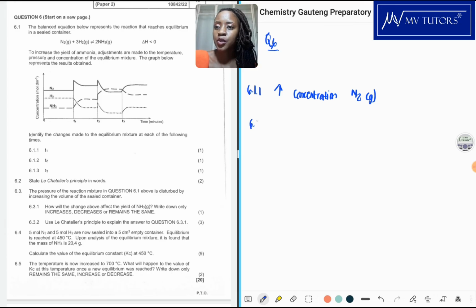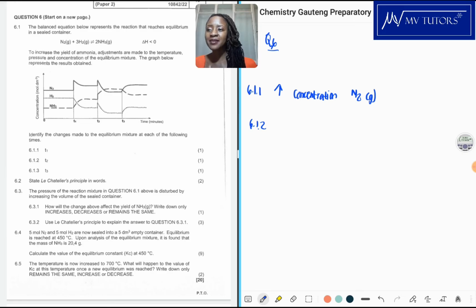Now 6.1.2, what happened at time 2? Well, I can see that nitrogen increased slightly and then it decreased, and the same happens with hydrogen gas. Then you get ammonia increasing until it reaches a point of equilibrium where the concentration is more stable.